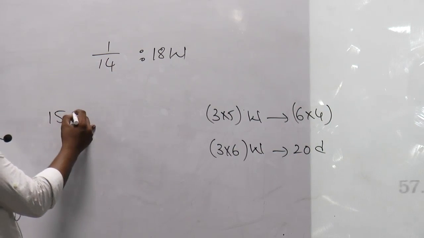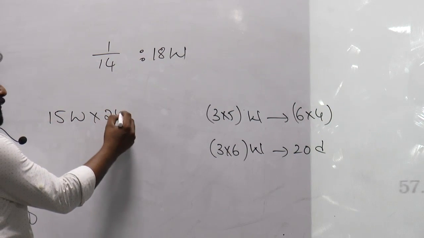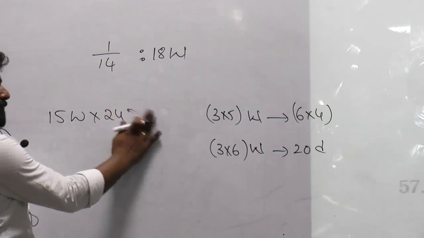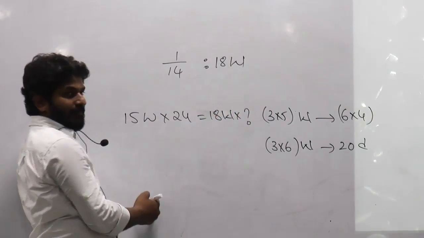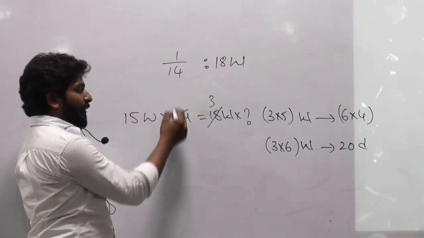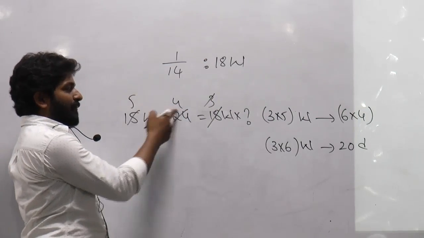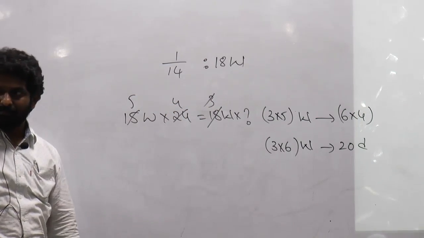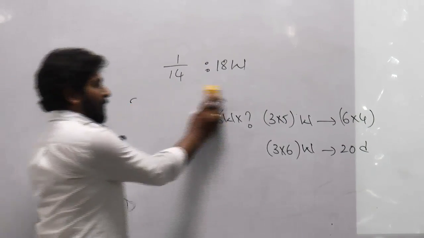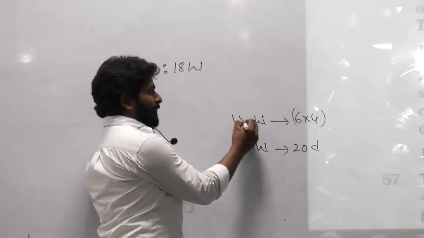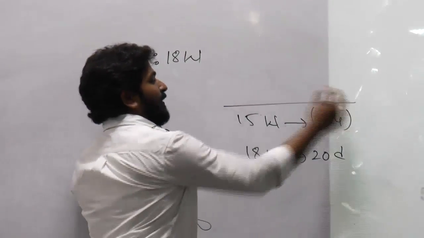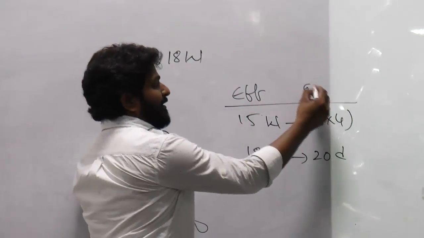Come on. 15 women can do it in 24 days. 18 women can do it in how many days? 6 3 times, 6 4 times, 3 5 times. 5 4s are 20. M1 D1 equals M2 D2. Or else, my first point, 15 women here and 18 women here. This is efficiency and this is time.